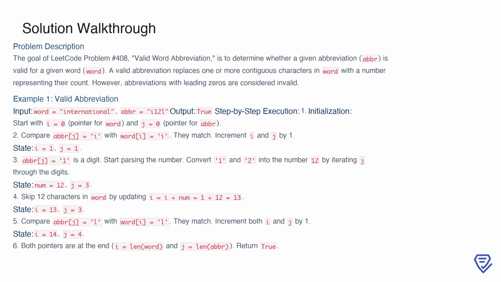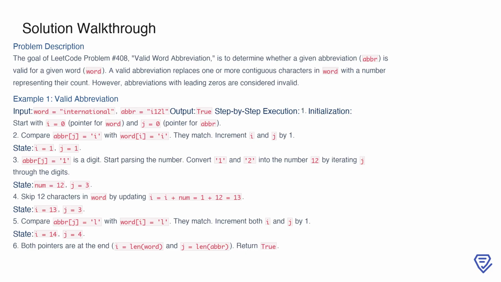Looking at the first example, the word is "international", and the abbreviation is "i12l". We initialize two pointers, i for the word and j for the abbreviation, both starting at 0. The first characters, i from the abbreviation and i from the word, match, so we increment both pointers to move forward. Next, we encounter the digit 1 in the abbreviation.